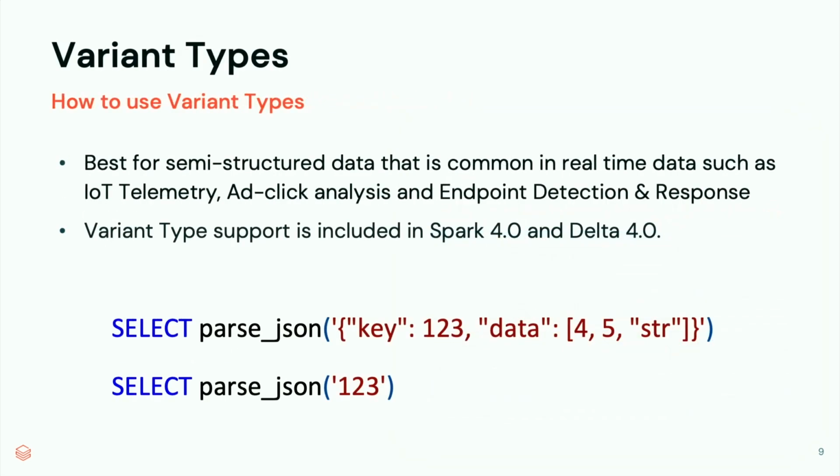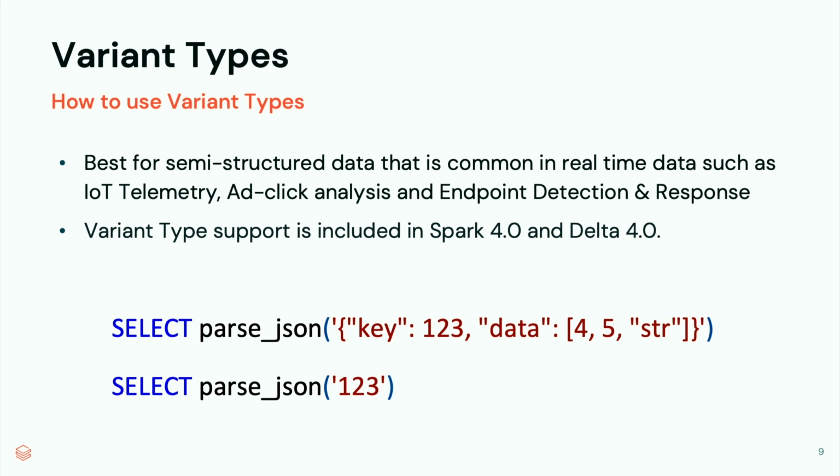But they've now introduced variant types in Spark 4.0 and Delta 4.0. These are best for semi-structured data that is common in real-time data sets like IoT telemetry, ad-click analysis, and endpoint detection and response, or any other type of payload that you get. And you simply use the command parse JSON.